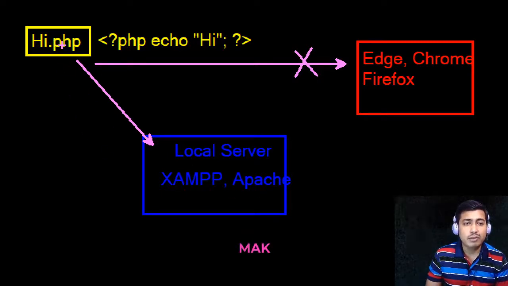It is familiar with PHP files. Whenever you send a file, that file can have different types of code. It can have HTML code and other types of code, including PHP code. When you send a file to XAMPP, the Apache server or your local server, it is going to process only the PHP tag related code. It is not going to handle other code, only the PHP related code or PHP blocks.